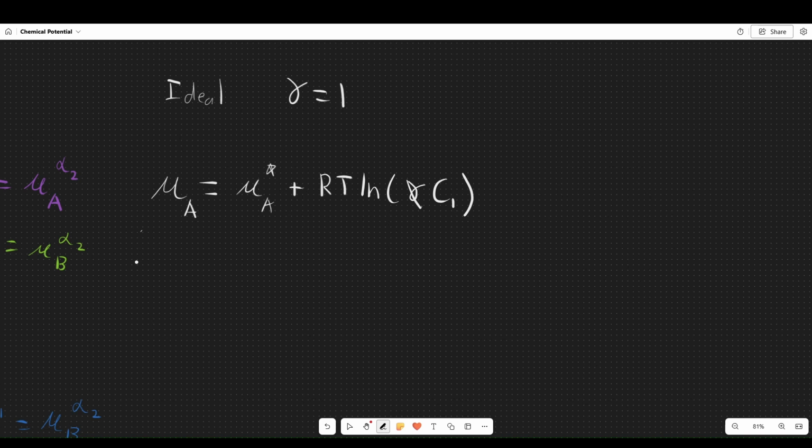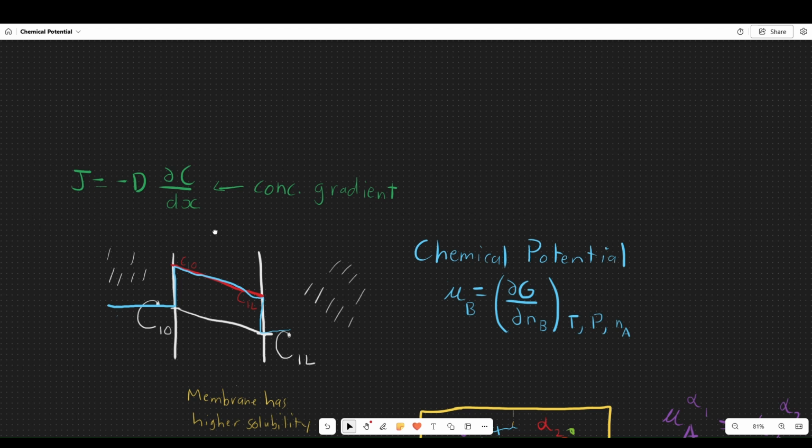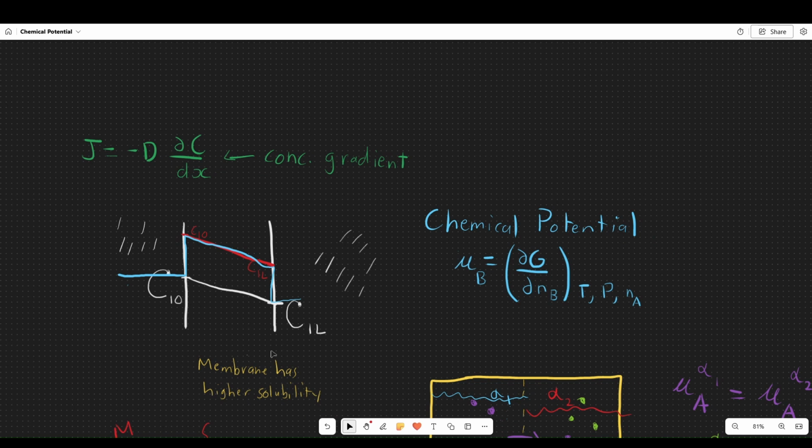And so we use concentration as kind of a proxy for what we're trying to say when we talk about what drives diffusion. And so saying that concentration gradient drives diffusion is not completely wrong, because in most cases we don't see a significant difference, right? So in membranes, this would have to have a significantly different solubility.